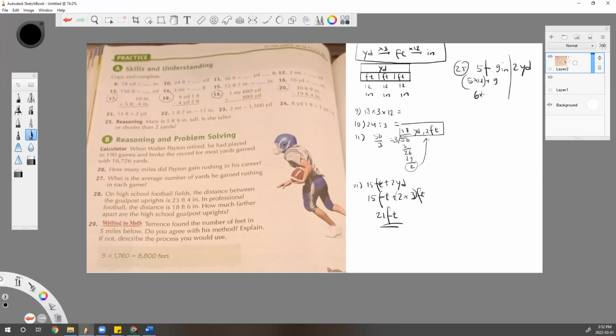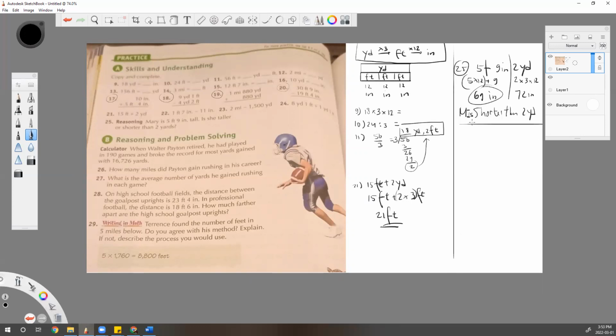So 69 inches, right? And then yards to inch, you multiply by 3 and 12, so times by 36. So 6 times 12, 72 inches. So Mary is shorter than 2 yards.